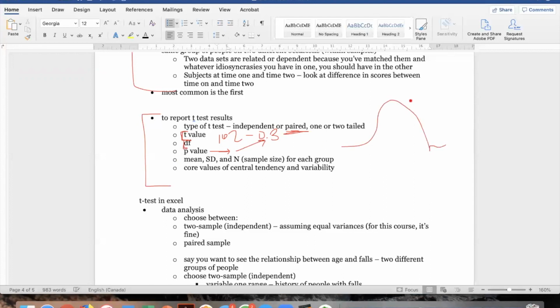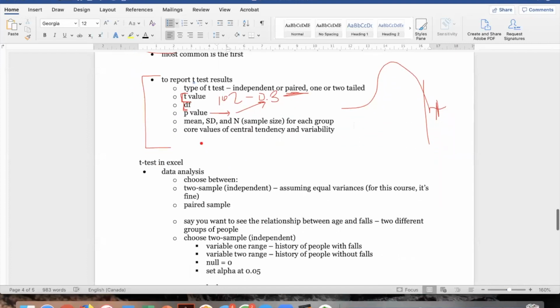It's definitely sitting outside of this 0.5 or the 5%. It's actually in 3%. So you're going to state your t-value, your degrees of freedom, your p-value, which tells you where it's sitting on here. And then your mean, your standard deviation, and your sample size for each group. Those are the core values of central tendency and variability. I don't think you do that in the assignment, but it's okay.